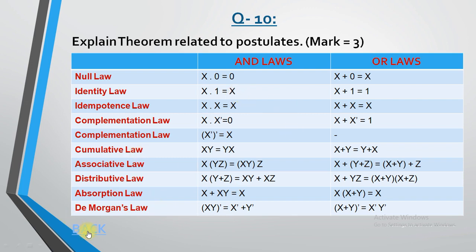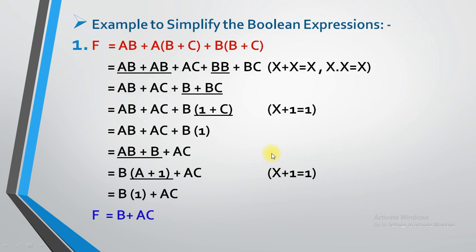Now let us switch to today's example. The first example is f equals ab plus a into bracket b plus c plus b into bracket b plus c. For this, first of all I need to multiply a by b.